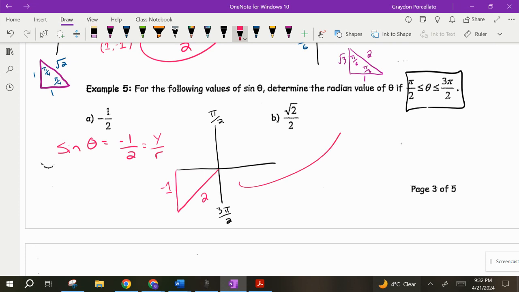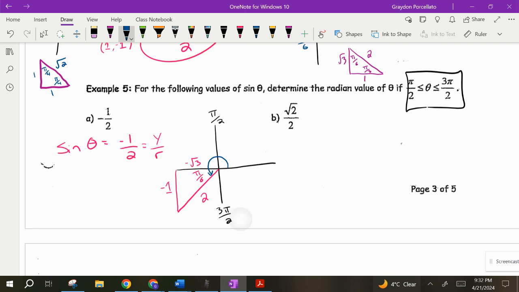So this side is negative root 3, and this angle here is pi over 6. What we're looking for is this angle in particular.